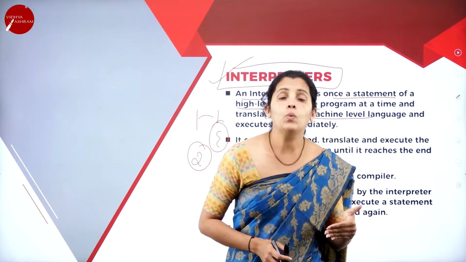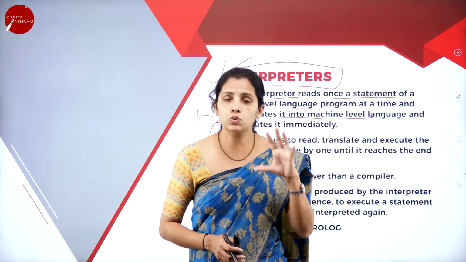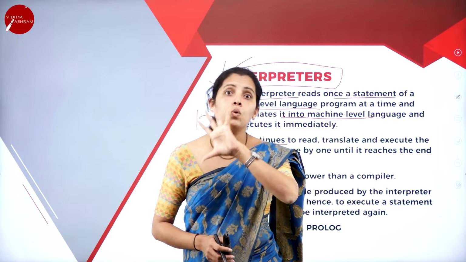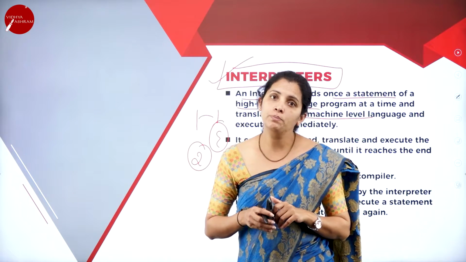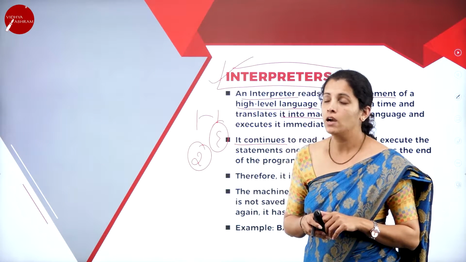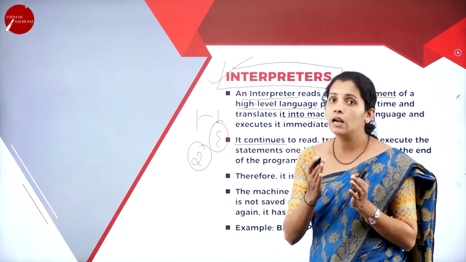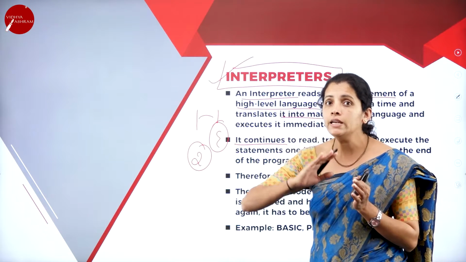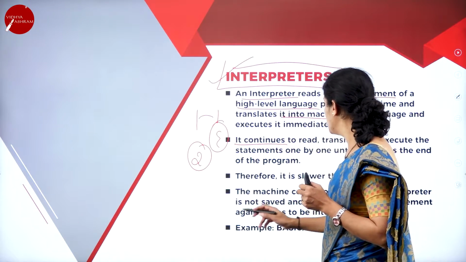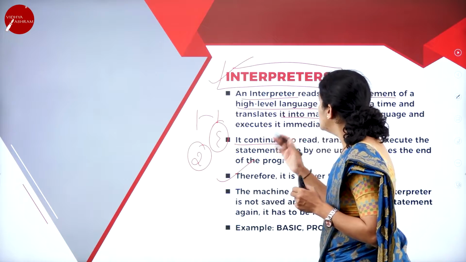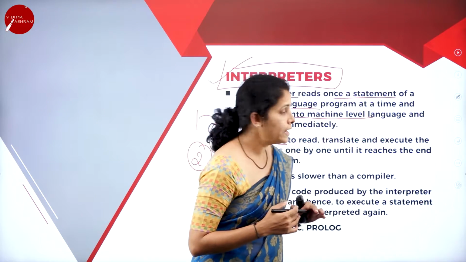It is slow when compared to the compiler. If I use a compiler, it's going to translate the whole high level programming language into machine level language. But if I consider the interpreter, it's going to read, translate and execute one line at a time. So here the interpreter is slower than the compiler.